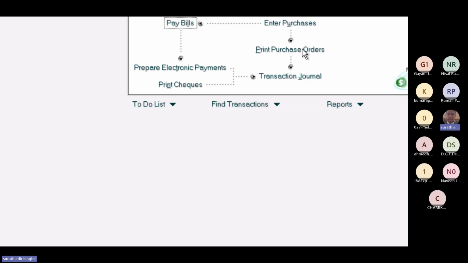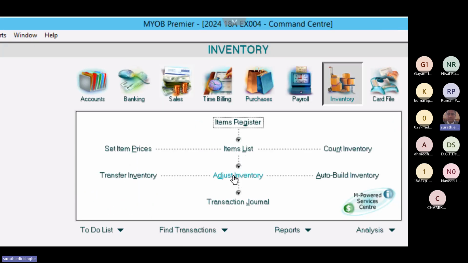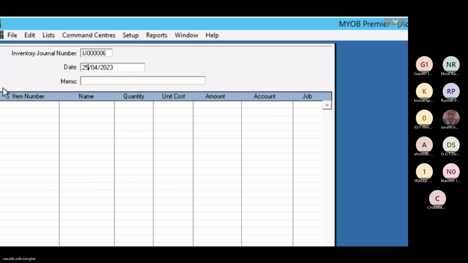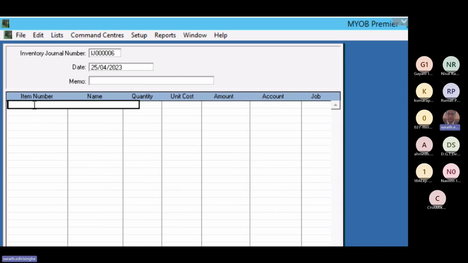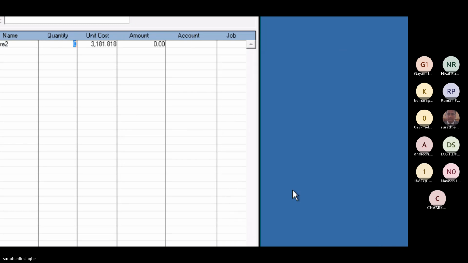The last one, capitalize the asset. Inventory adjustment, not 24, 23 April 25th. Sorry, 25th. Then item, bat and ball collector, -10.